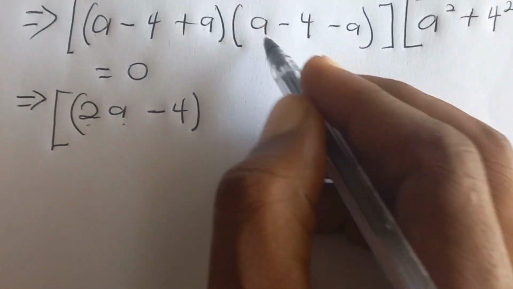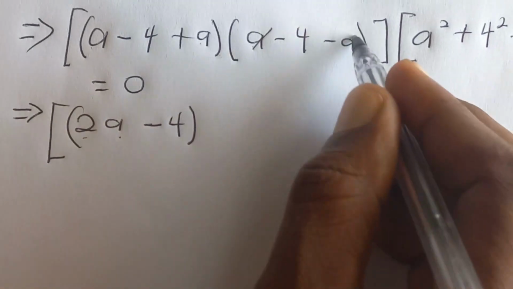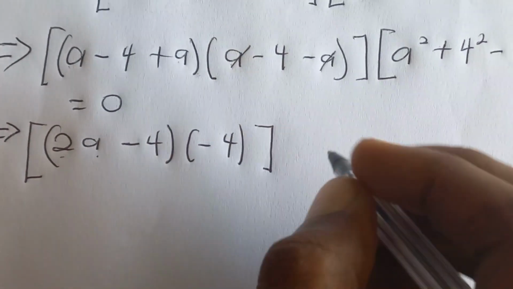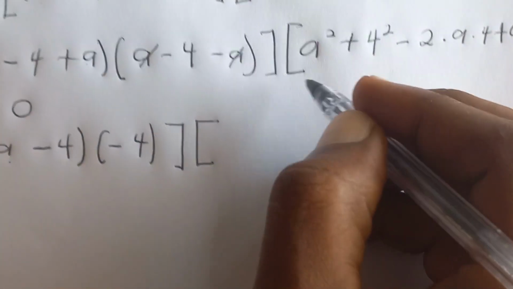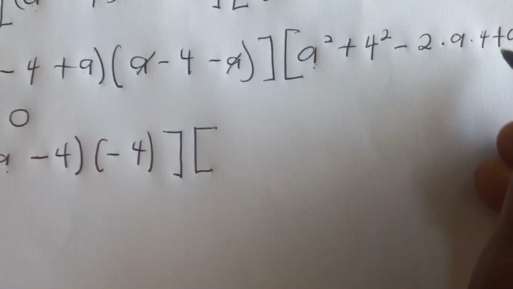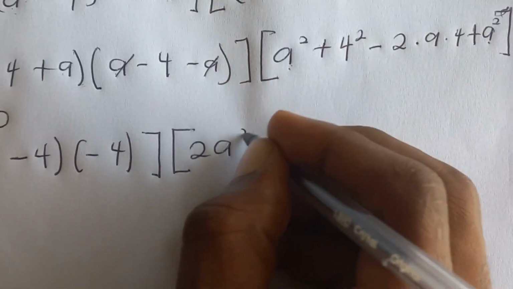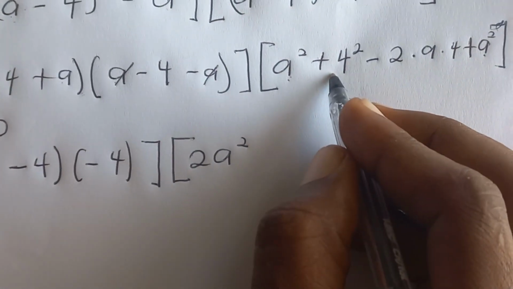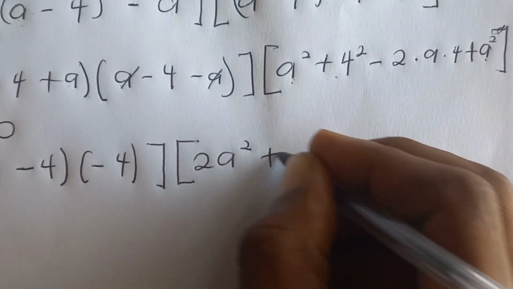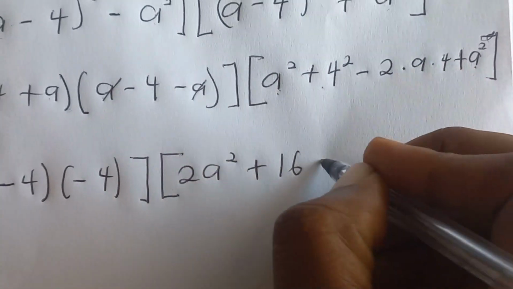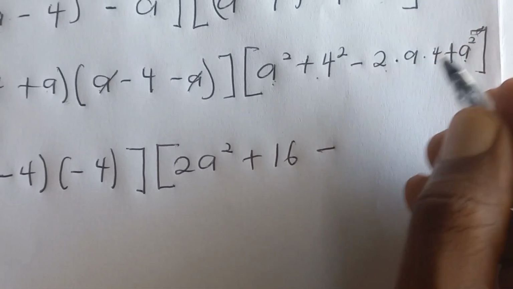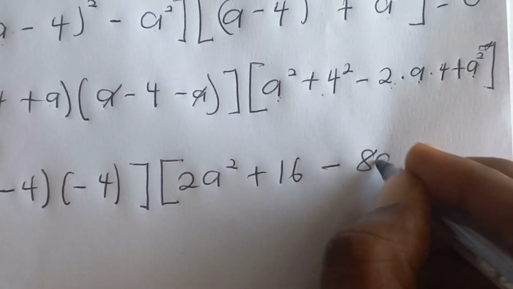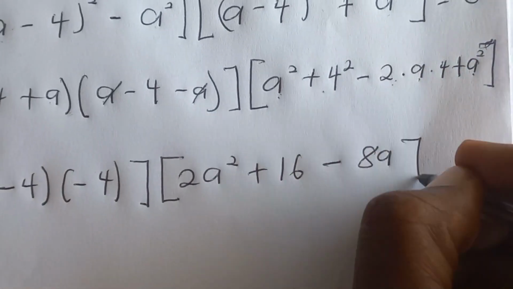This and this will cancel, which is (negative 4), then another bracket, this one a squared plus a squared, which is 2a squared, then plus this, we are going to get 16, then minus 2 times 4, which is 8, times another a, which is 8a, and should be equal to 0.